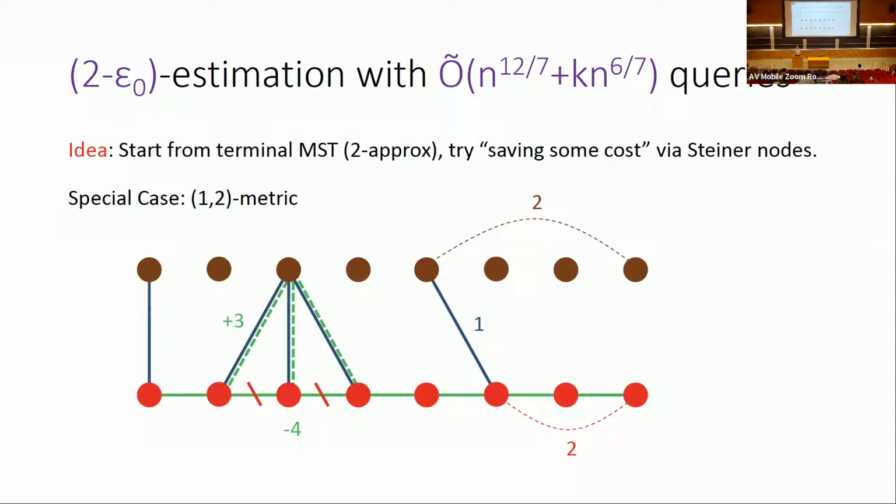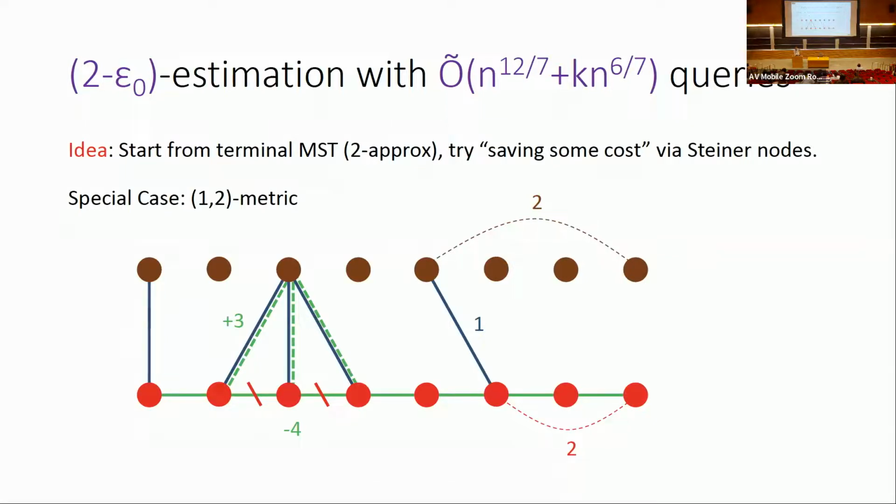What we can do by utilizing the standard nodes to save some cost is, for example, take this vertex and replace these 2 green edges with these 3 blue edges. We add a cost of 3 and remove a cost of 4, thereby saving a cost of 1 without destroying the connectedness of the graph. This is how we utilize the standard node to save some cost from MST.